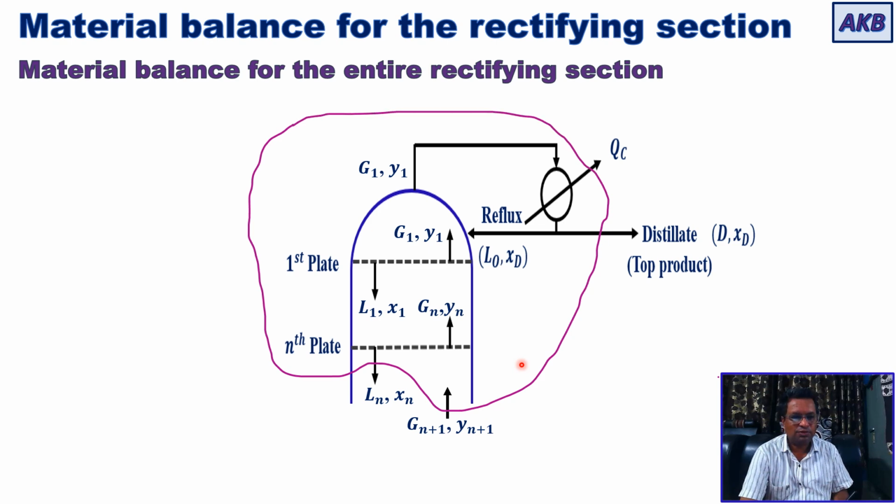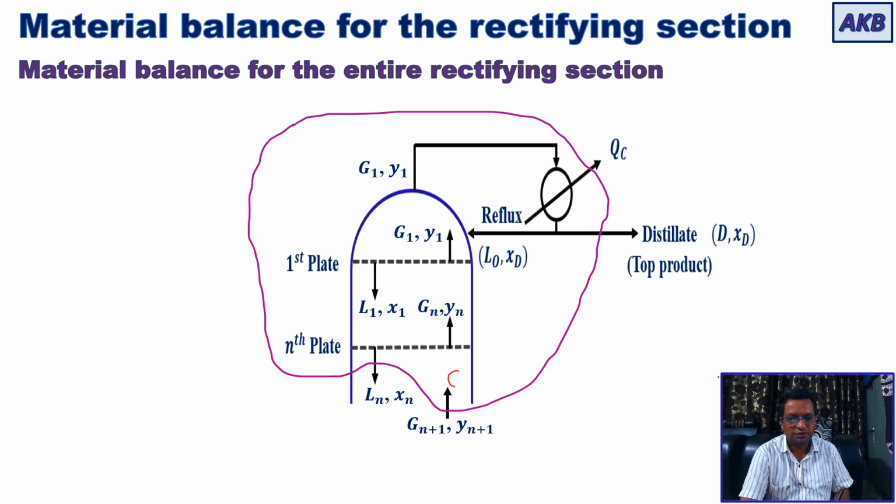Okay, so for taking material balance for the rectifying section, we are going to consider this envelope. If you look at this envelope and try to identify the material streams associated with it, you can easily identify them. Let me number those streams.